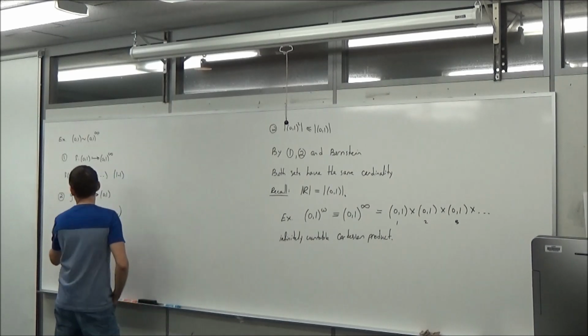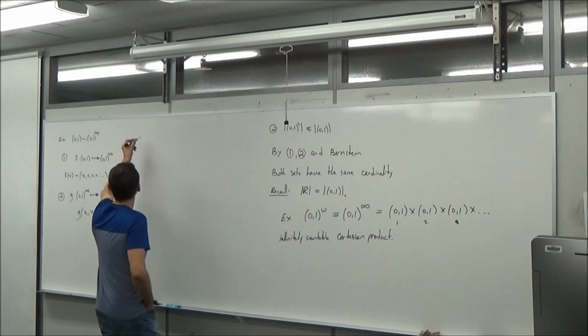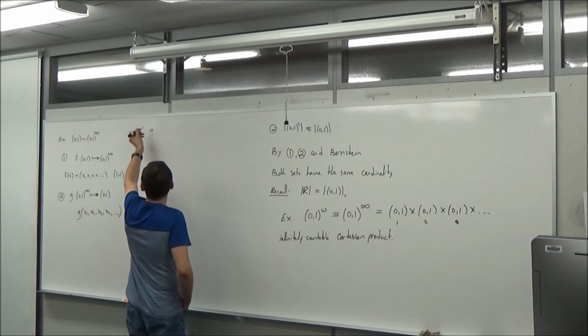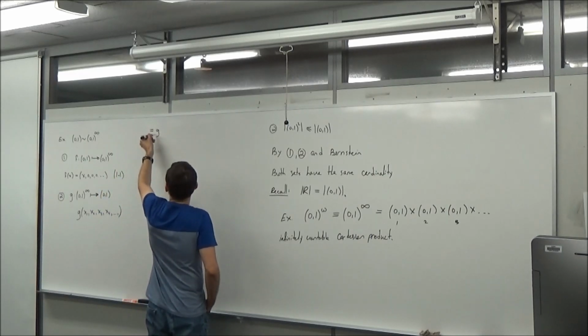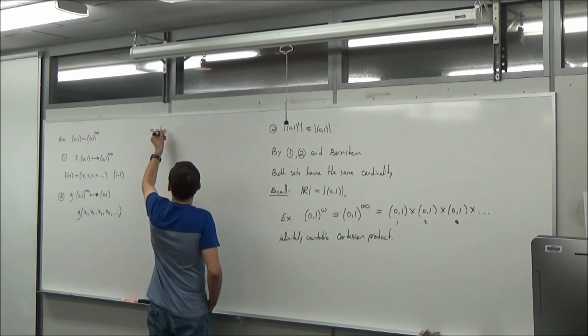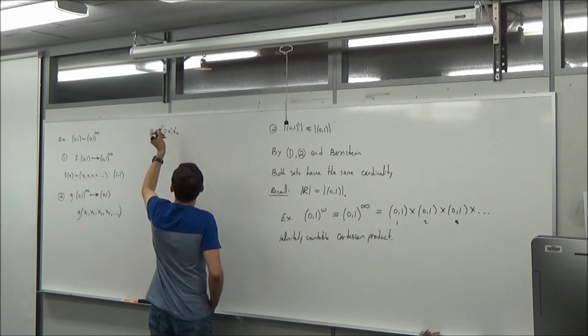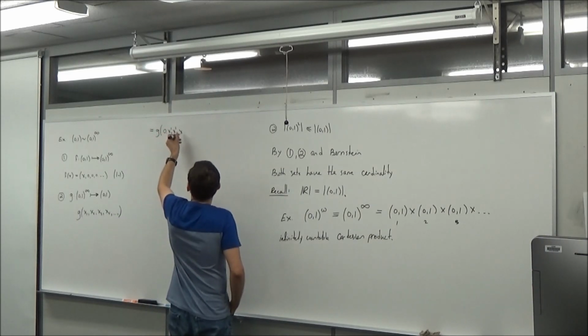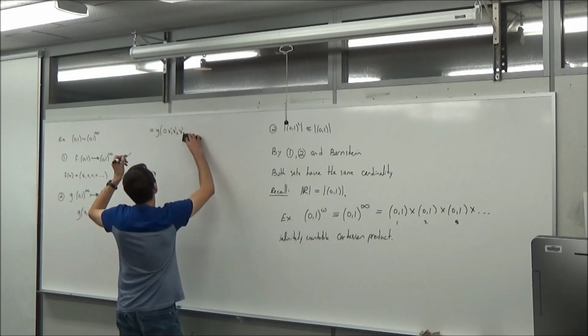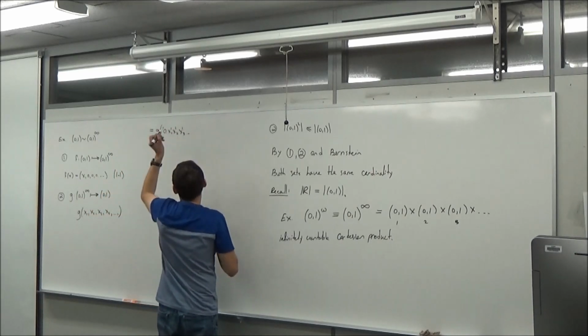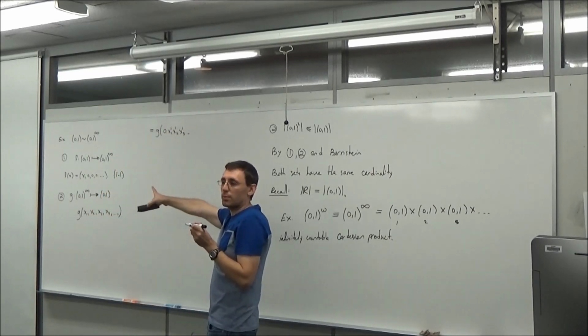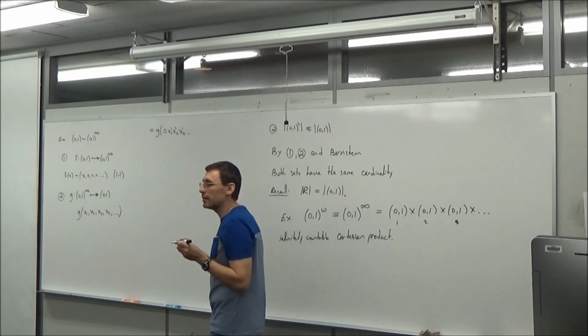I can first expand those numbers in base 10, let's say. So that would be g of 0.x^1_1, x^1_2, x^1_3, and onwards. The one on top indicates not a power, but just which x, right?